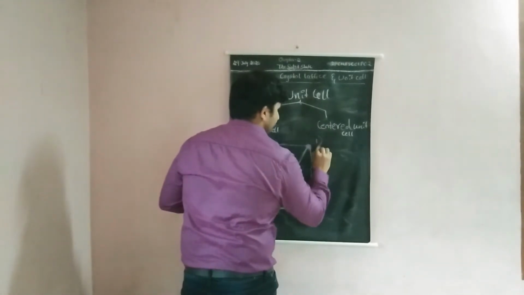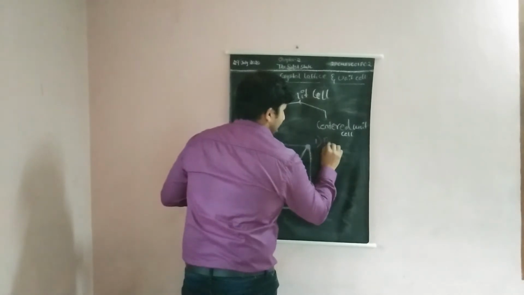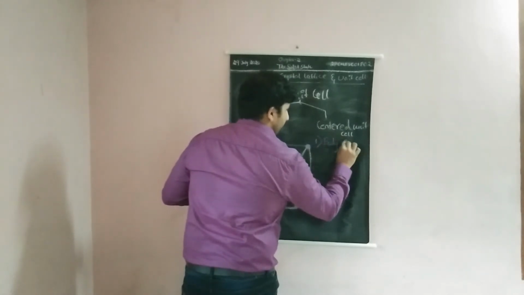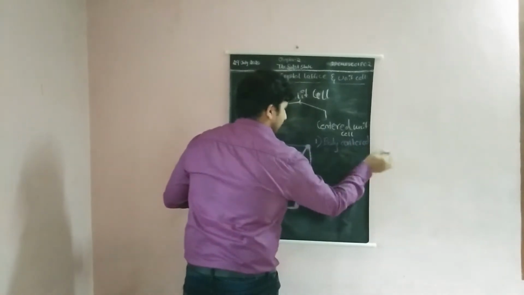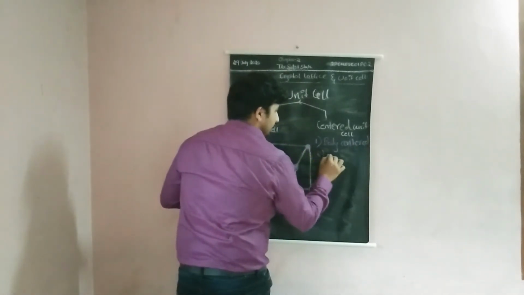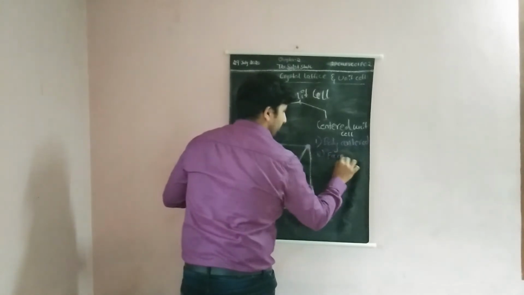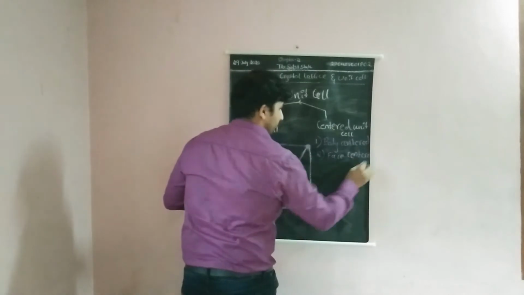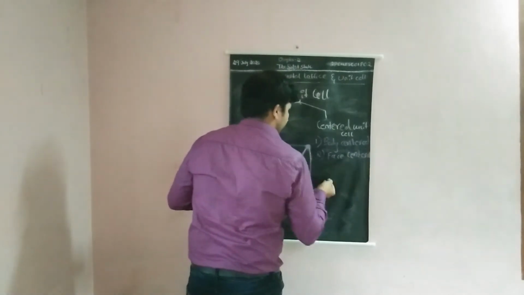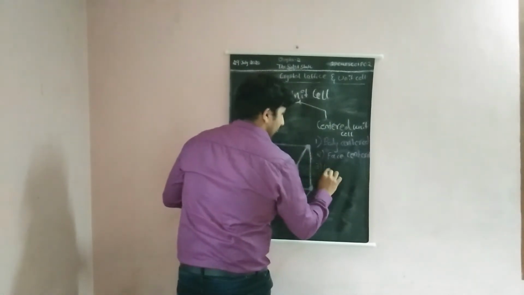One is body centered unit cell, the second one is face centered, and the third one is end centered.